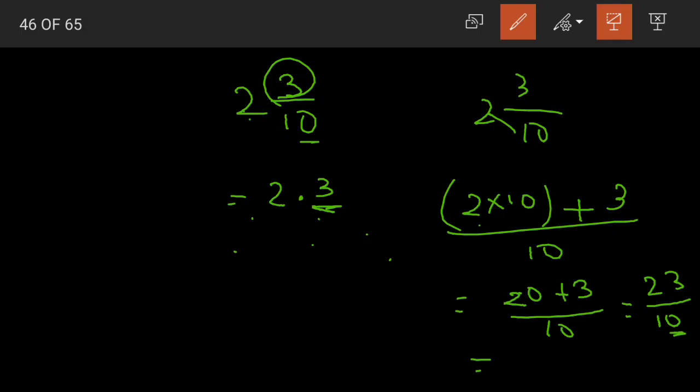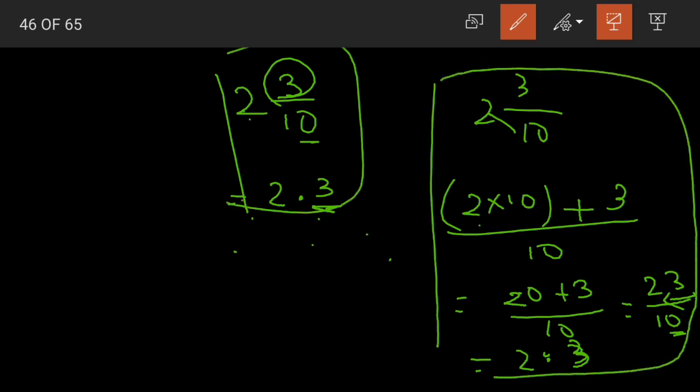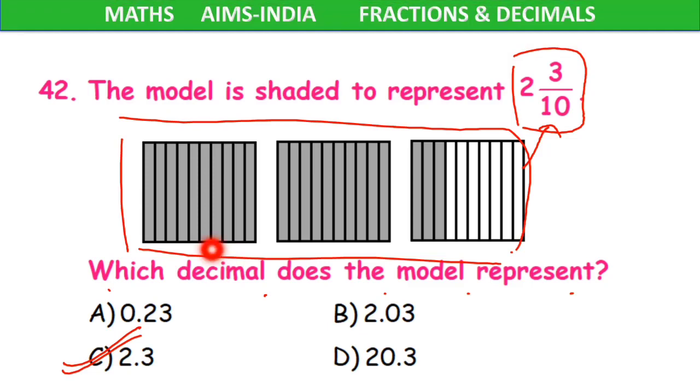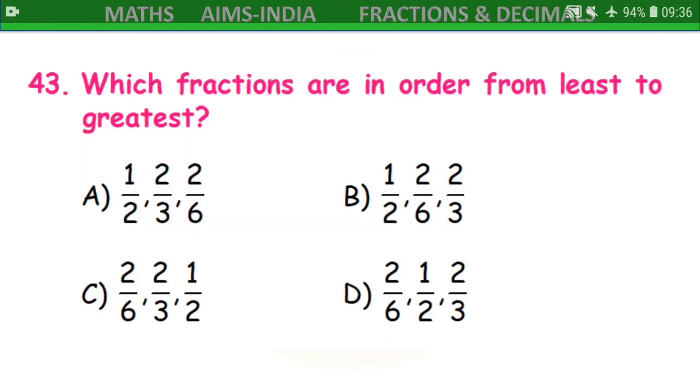In the denominator we are having 10, so in the numerator we'll place a decimal point after one digit from the right. 2.3 becomes our correct answer. Understood, children? You can either do it like this or the long way. Either way the answer would be 2.3. Go with the option that you are comfortable with. What is the correct answer now? Option C, 2.3 is our correct answer.